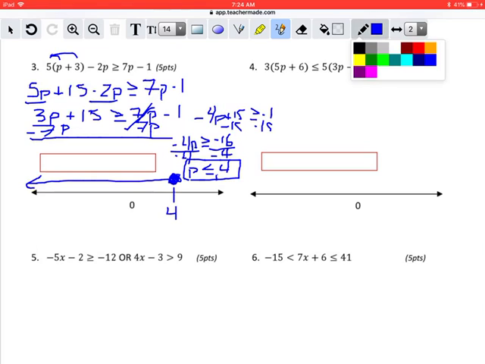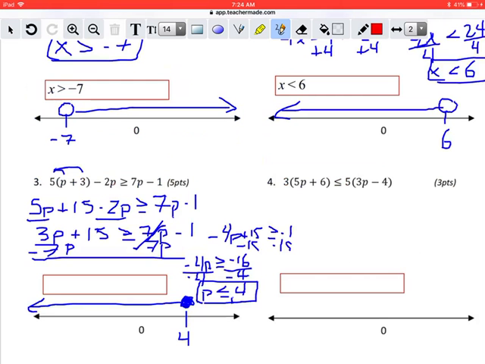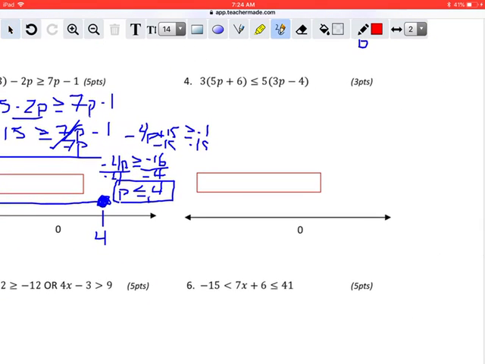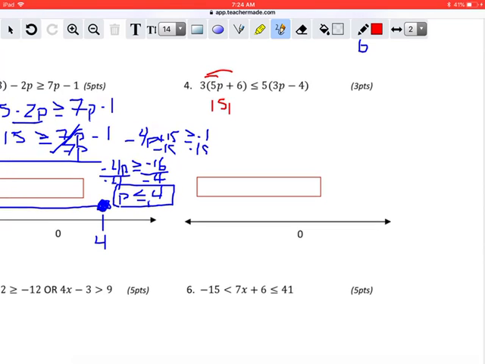I'm going to change the color just so we can see the difference between the two. So over here, we've got 2 parentheses to take care of. So that's 3 times 5 is 15p. 3 times 6 is 18. Okay.